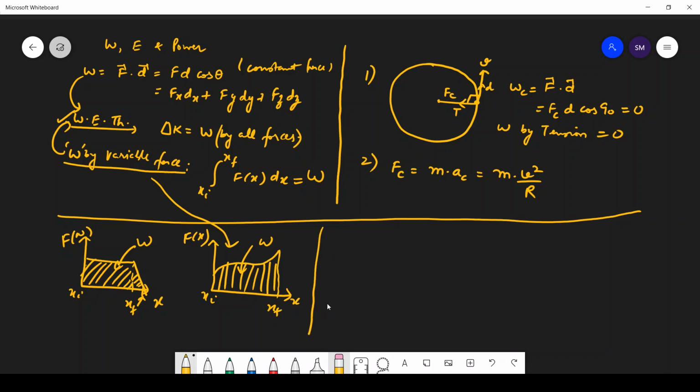And after that we studied a very important concept of potential energy. We studied the concept of potential energy. So the concept of potential energy is only in case of conservative forces.